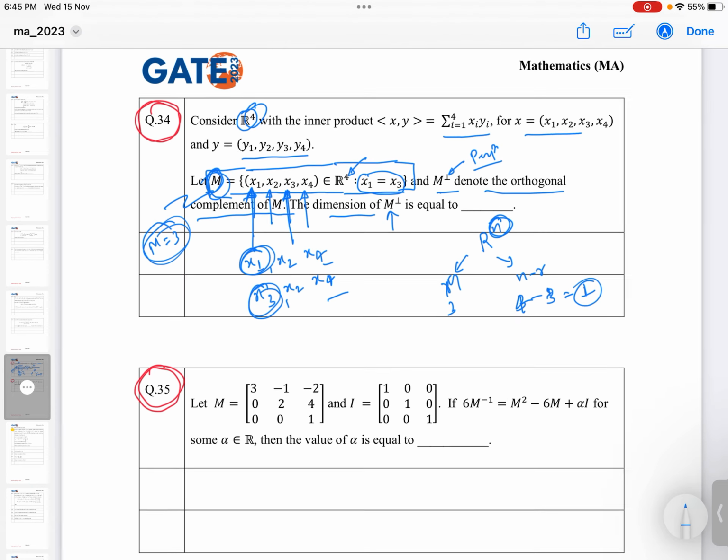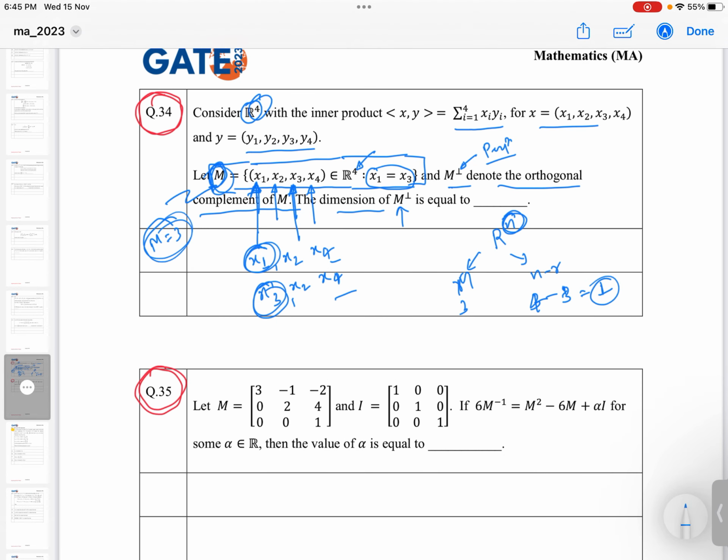Also, you already know that in any space, the dimension of the given subspace plus the dimension of the orthogonal complement, that is S perp, should be equal to the dimension of the given space, that is n.